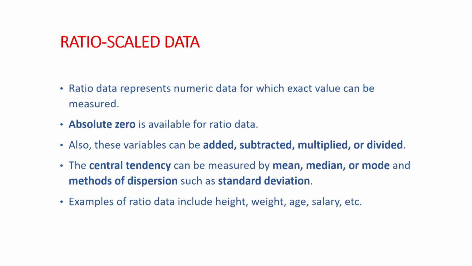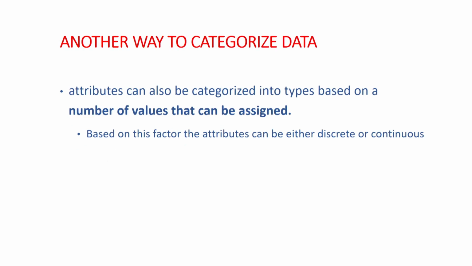So, we can calculate central tendency, mean, median, mode, and measures of dispersion such as standard deviation. Examples of ratio scaled data are height, weight, age, salary and so on.